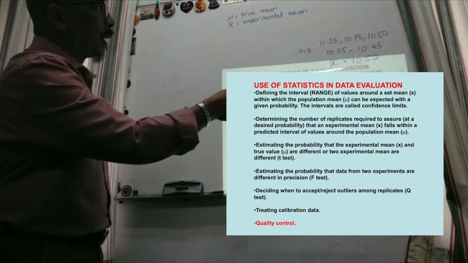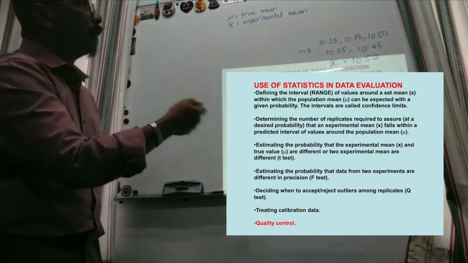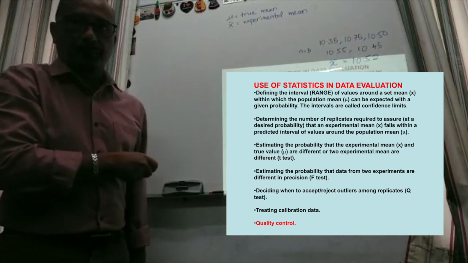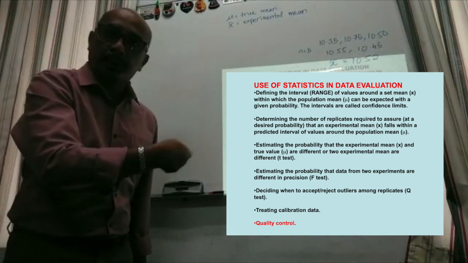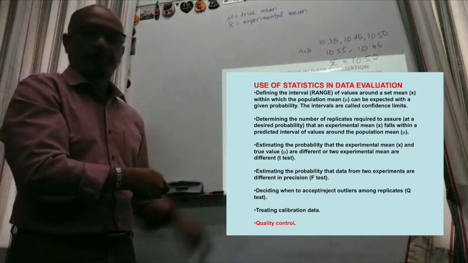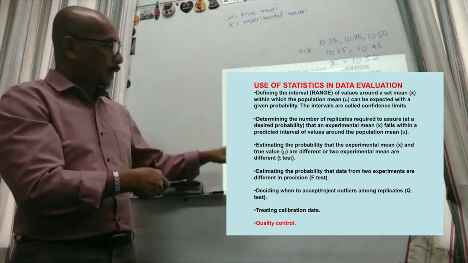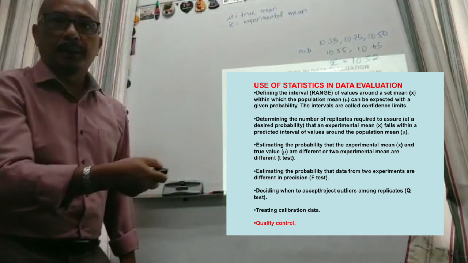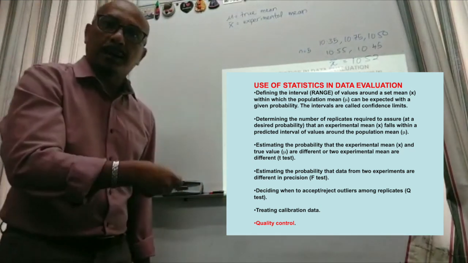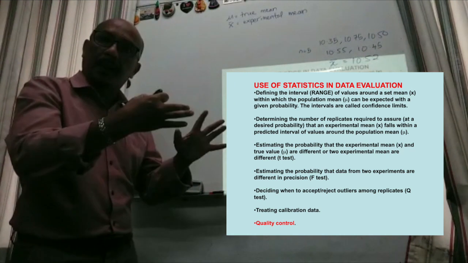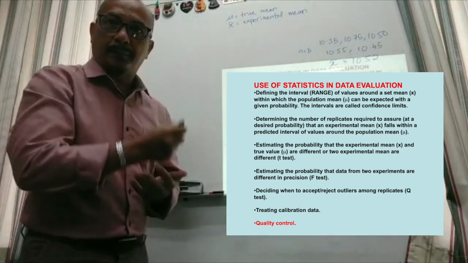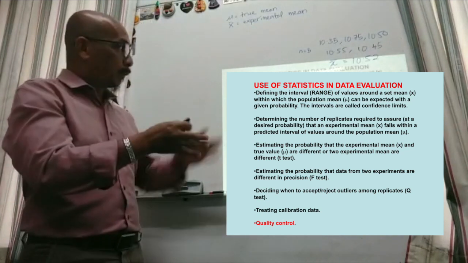Let's say from our 5 replicates here, we believe this data is an outlier. So we have to check by using statistics under the Q-test, to calculate whether this data needs to be removed or not. How to calculate is already stated in your slide, but I'm going to explain.